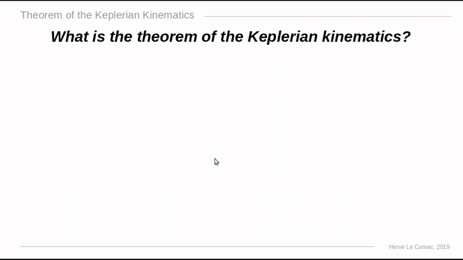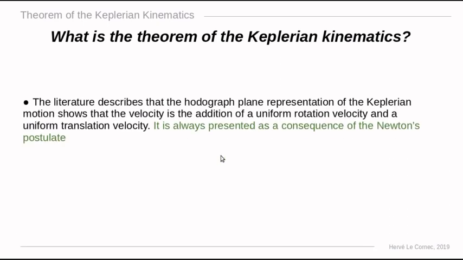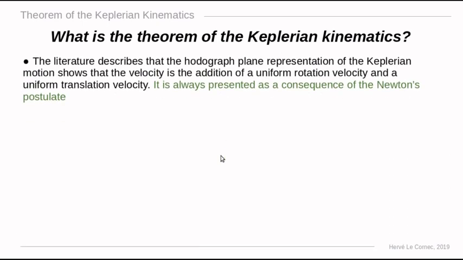So what is the theorem of the Keplerian kinematics? The literature describes that the hodograph plane representation of the Keplerian motion shows that the velocity is simply the addition of a uniform rotation velocity and a uniform translation velocity.